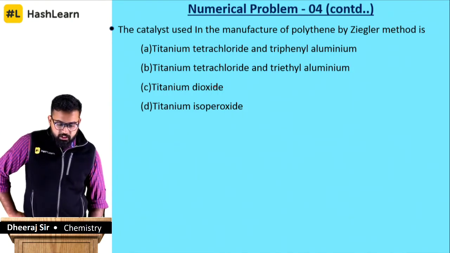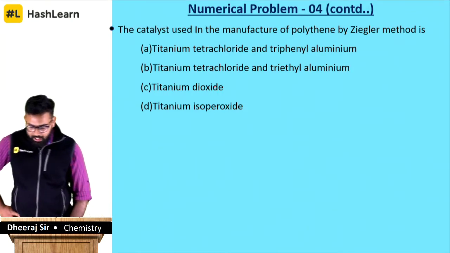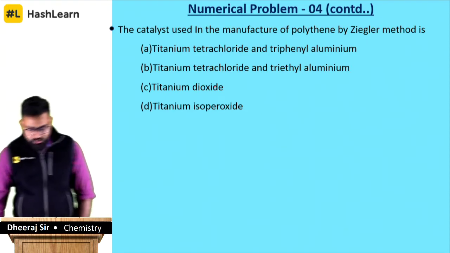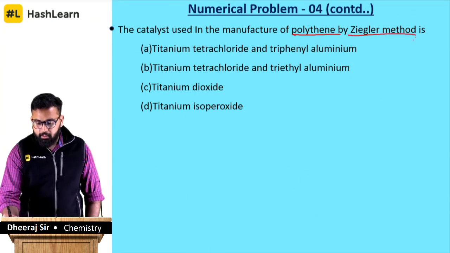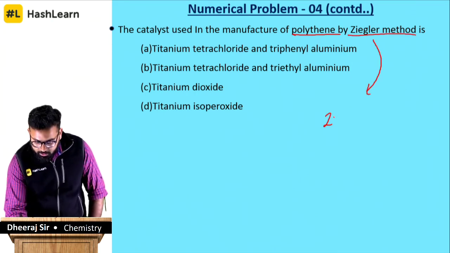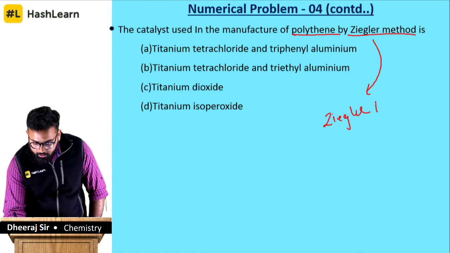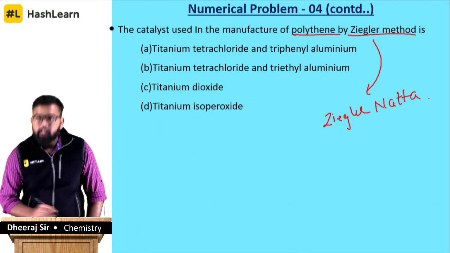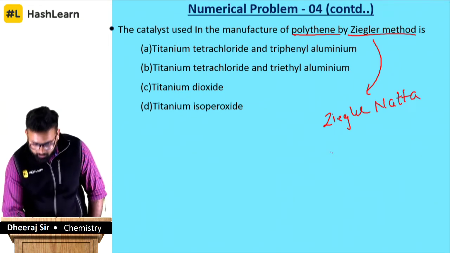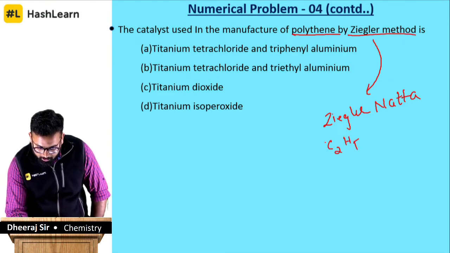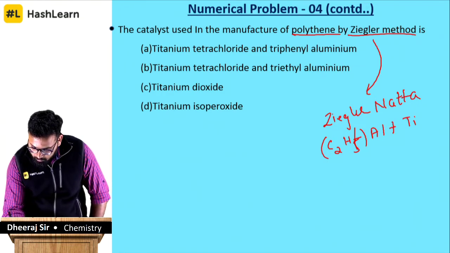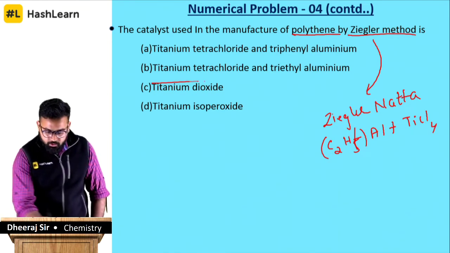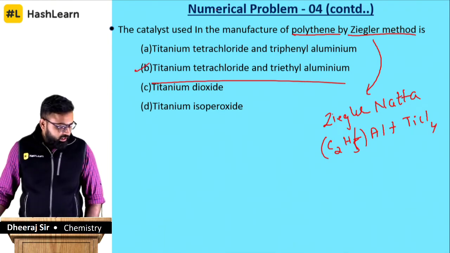So Pooja gives us the first answer. She says titanium tetrachloride and triethyl aluminium. Yes, she's right. If polythene has to be prepared by Ziegler method, the catalyst used is Ziegler-Natta catalyst, and Ziegler-Natta catalyst is nothing but triethyl aluminium in the presence of titanium tetrachloride.